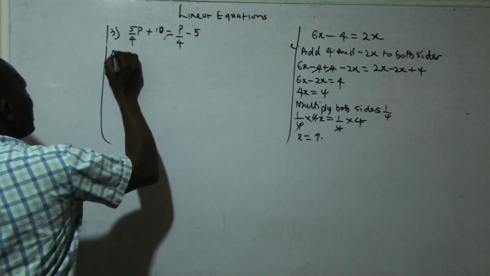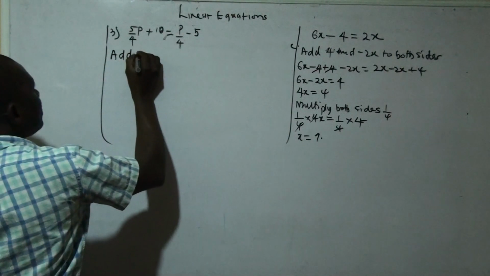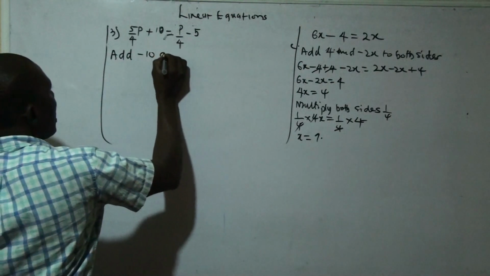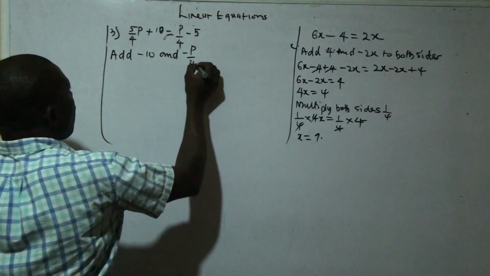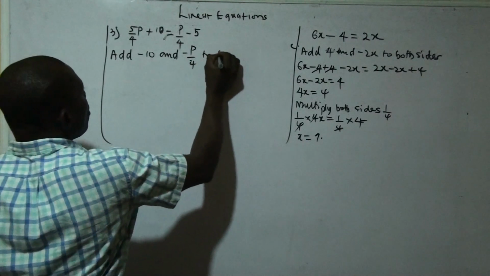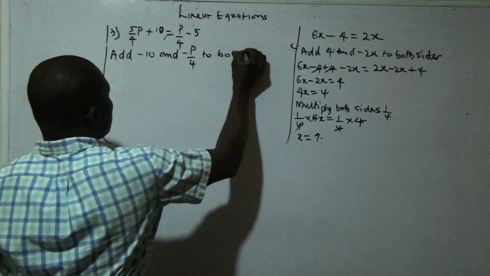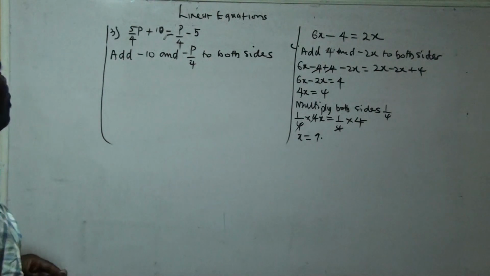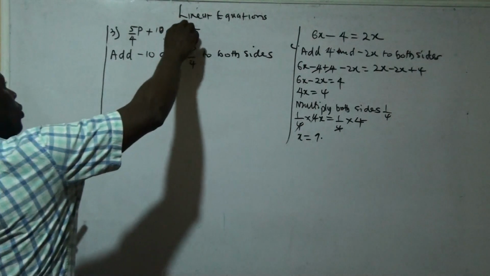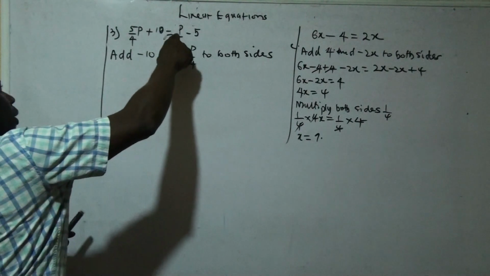So we say add minus 10 and minus p over 4 to both sides. Okay? Even if you are collecting terms, that's what you usually do. You move this one this way, but then you will observe the sign.